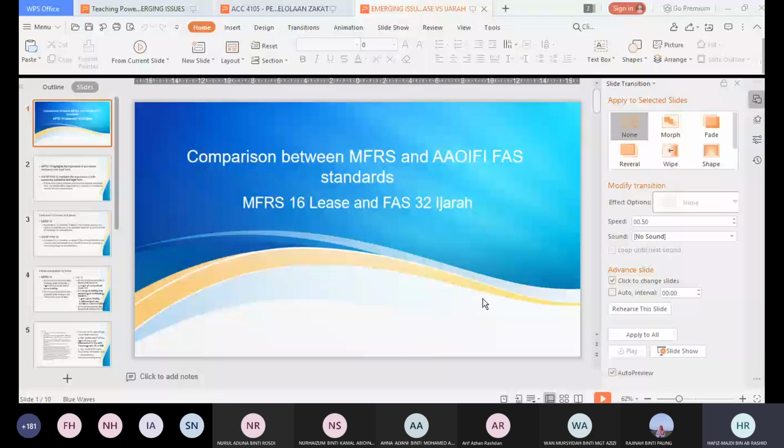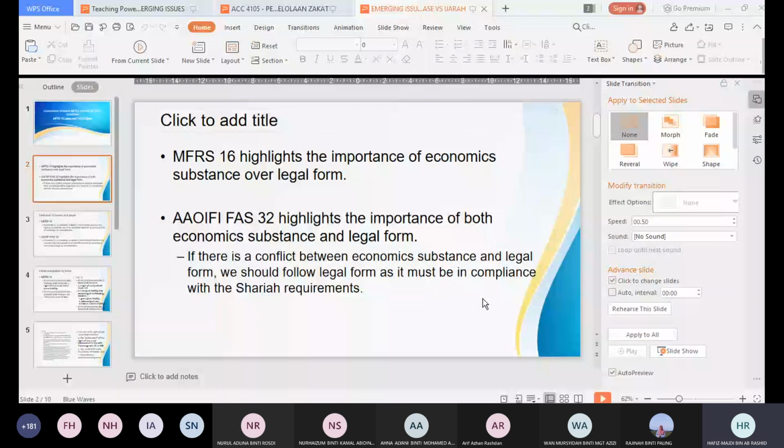So that's why it is until today a controversial issue, because in conventional accounting you have this one principle called substance over form. What is more important is the economic substance, rather than the legal form.